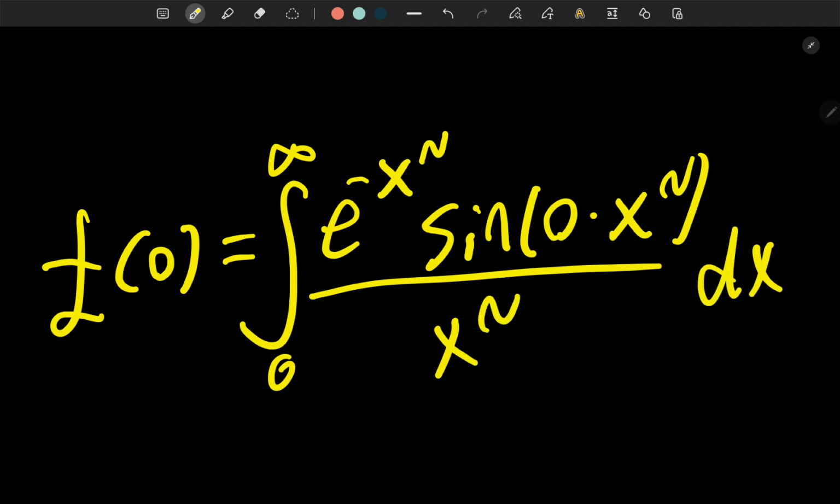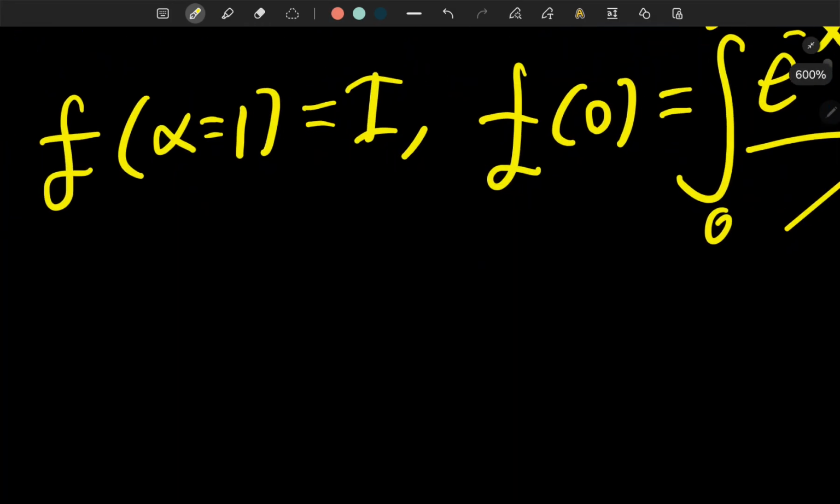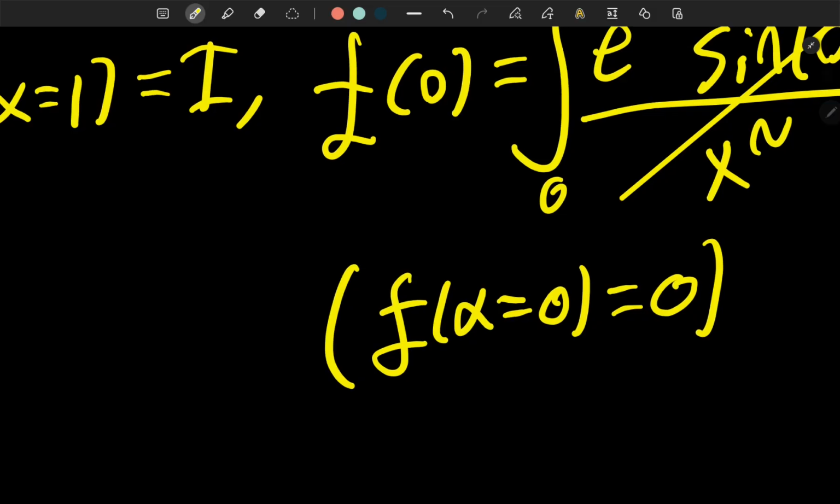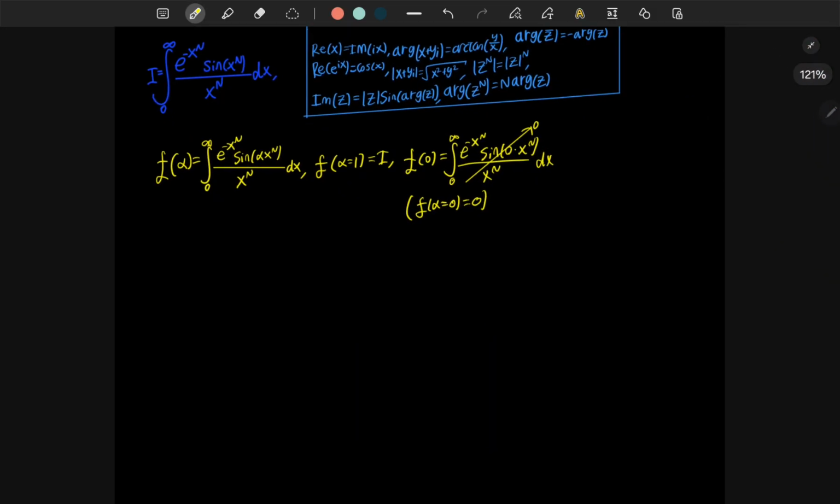And if we know anything about the sine function, this right here will collapse to 0 because sine of 0 equals 0. So we have f of alpha equaling 0 equals 0. Okay. That is a very, very nice thing to have in your toolbox for using Feynman's trick.